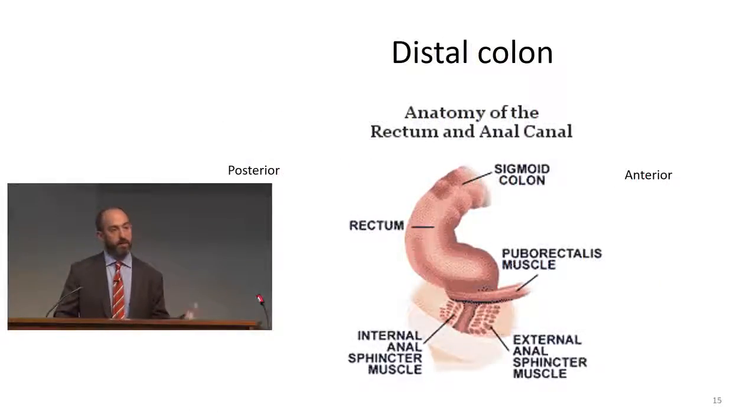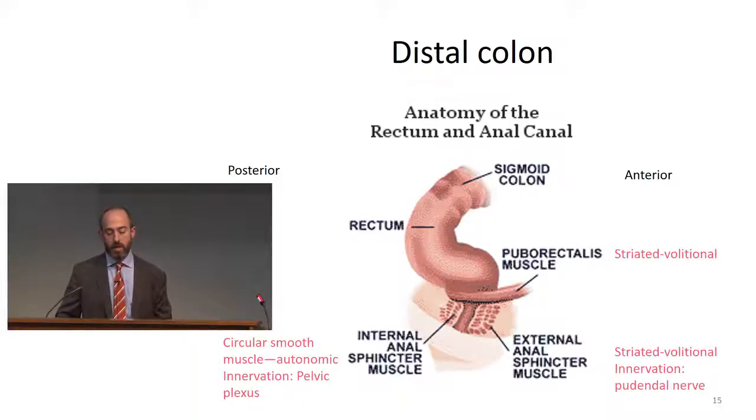And then to finish our brief tour of the GI tract, I do highlight that the last part of the colon can be affected in scleroderma also. And we maintain our continence because of the muscles of the last part of the colon and the anal sphincters. Unfortunately, our internal anal sphincter and our rectum are all made of smooth muscle and can be affected in scleroderma. So we have the rectum, which is the last part of the colon, that's a reservoir.